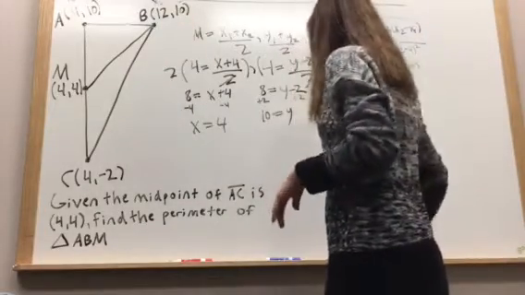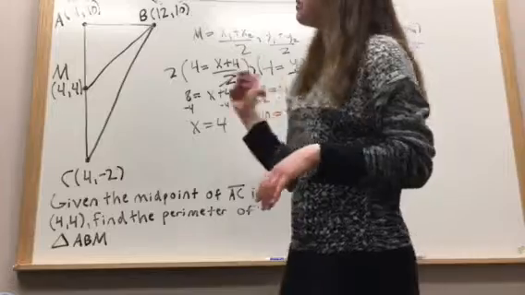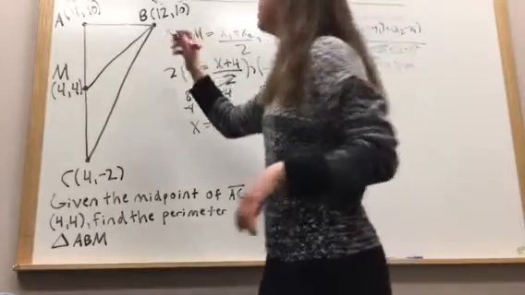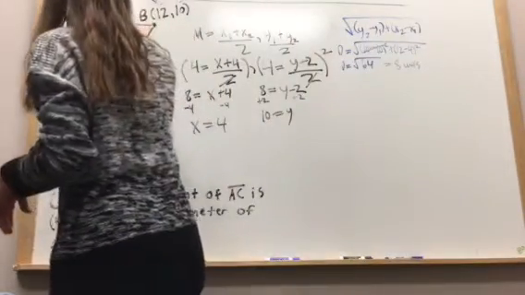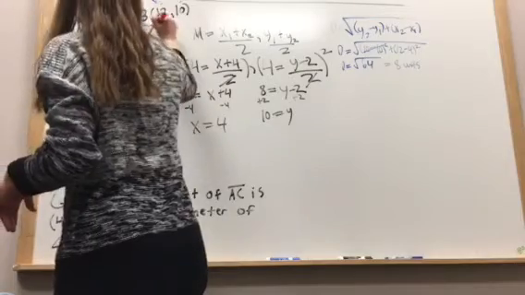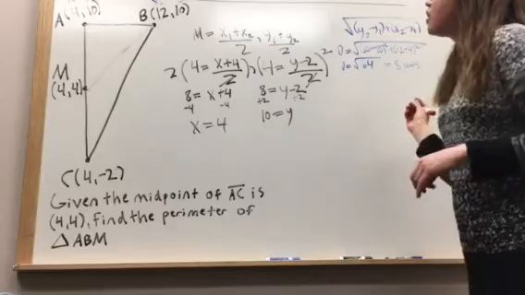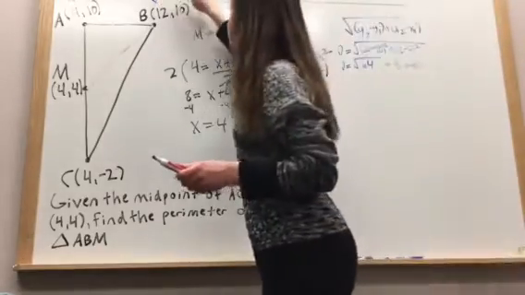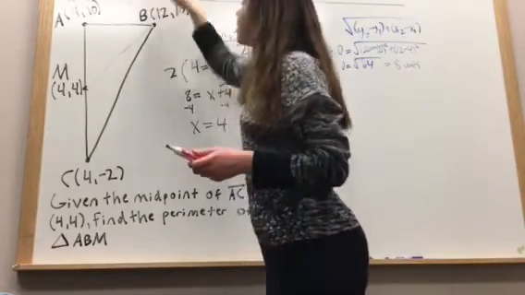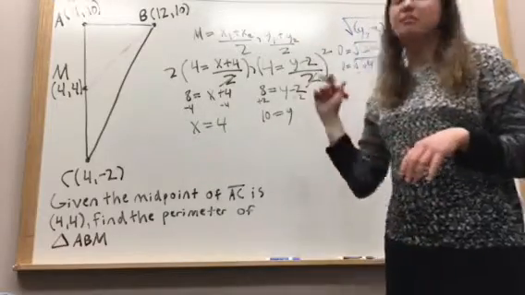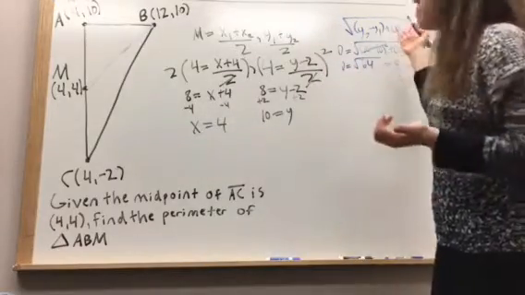I'm going to now use my red marker, and I'm going to find the distance of segment BM. All right, so I'm going to erase this now. I want to find the distance of segment BM. I'm just going to do the same thing, find the distance.